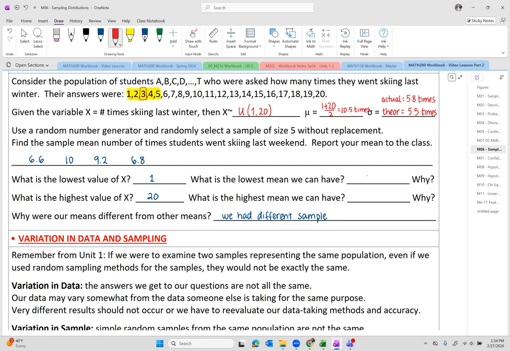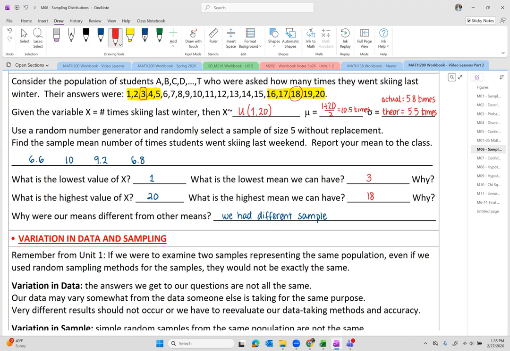So that will be the lowest mean you could ever get. And if by accident you had randomly selected the 5 highest values in this population, then the mean of that sample would be 18.